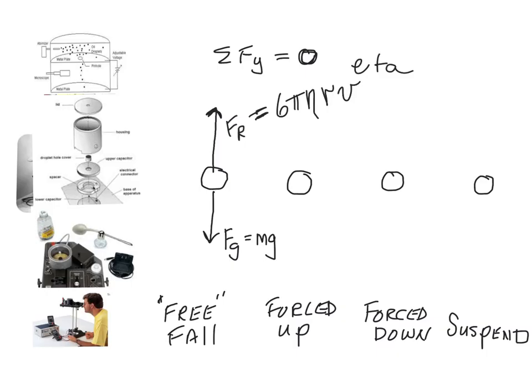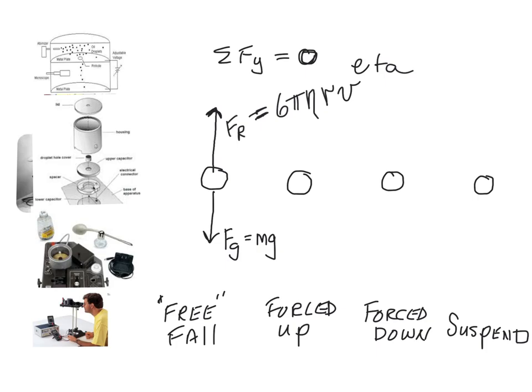The velocity of the drop. That's why we needed to know the velocity of the drop. That's why we measured the distance it fell and took the time, or the distance it rose and took the time. So we would get the velocity when it was falling and the velocity when the electric field was forcing it up.